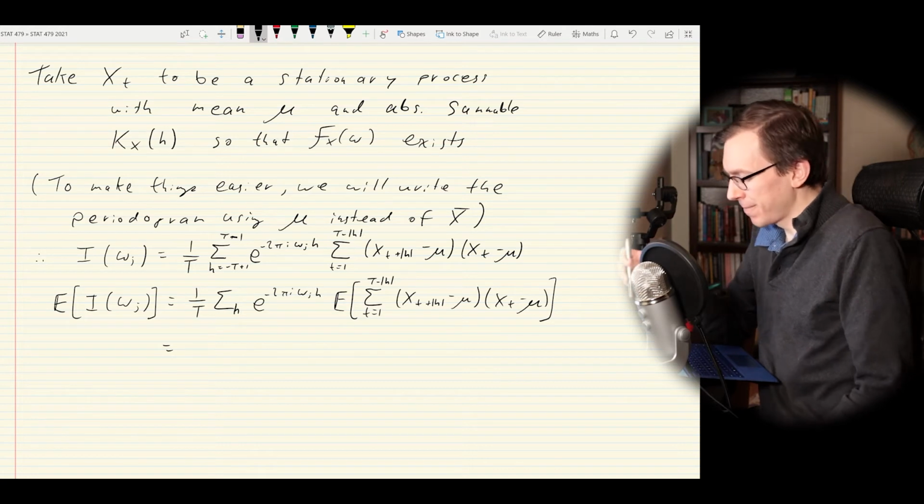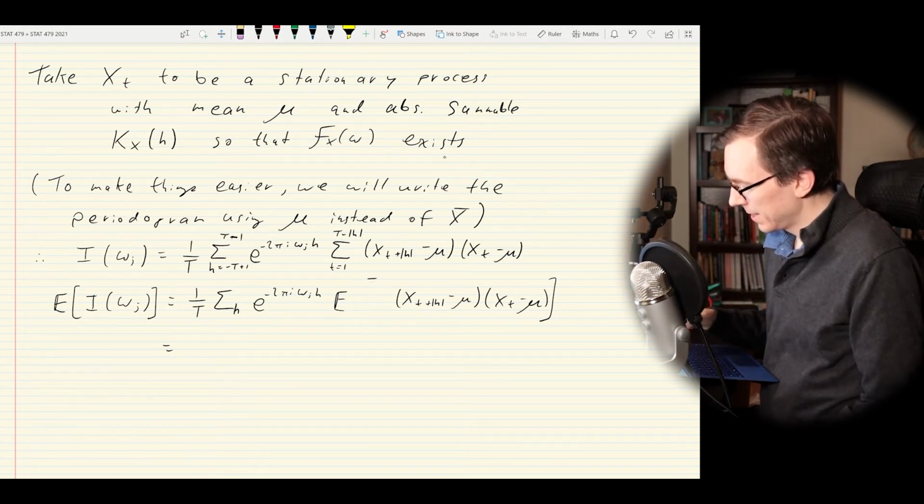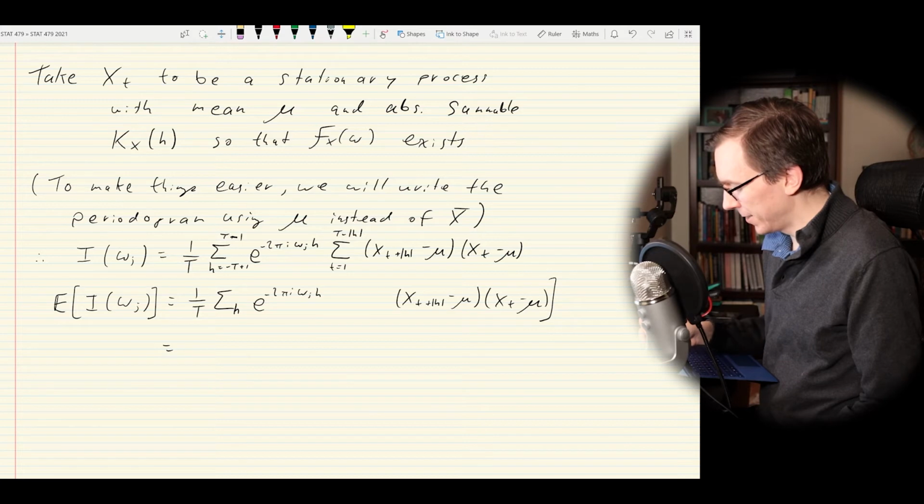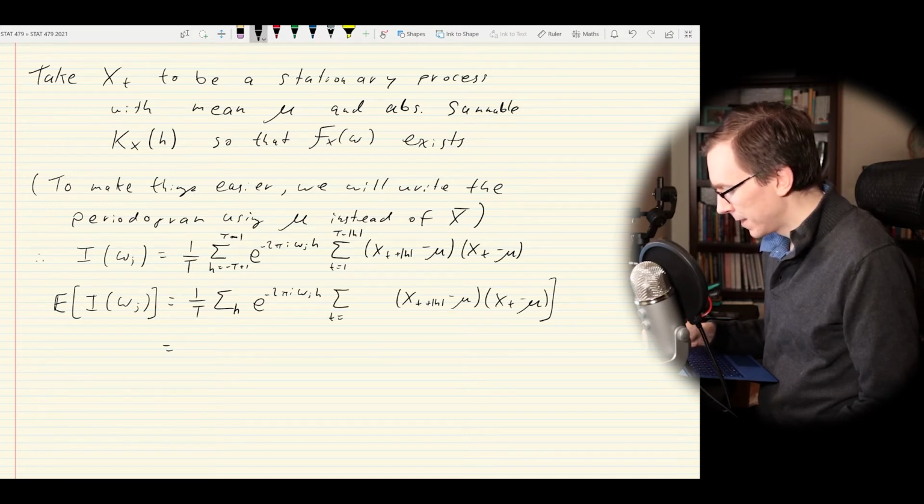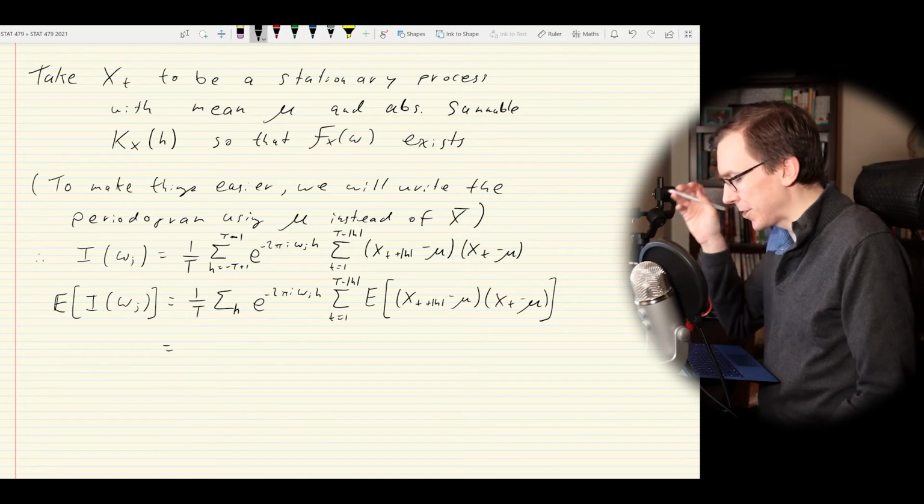maybe I will flip it, just because I think it'll explain more where the next formula comes from. Again, expectation is linear, so I can just bring the expectation inside both summations.